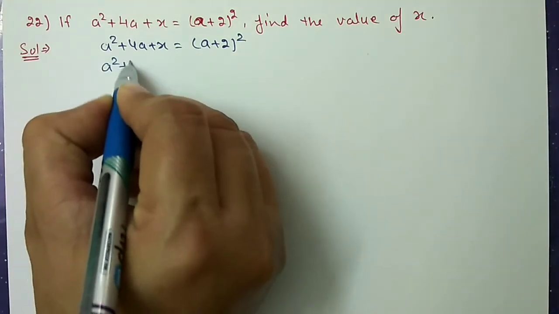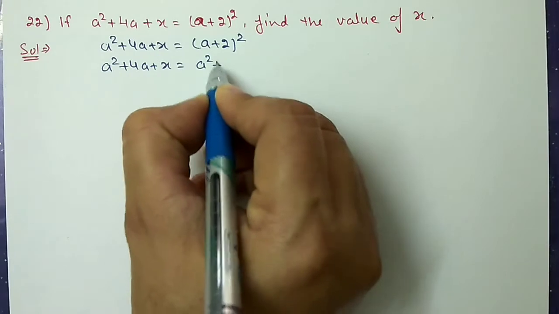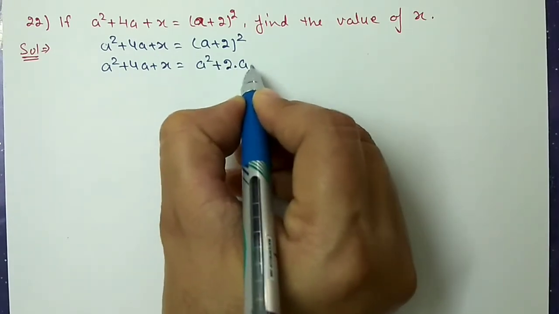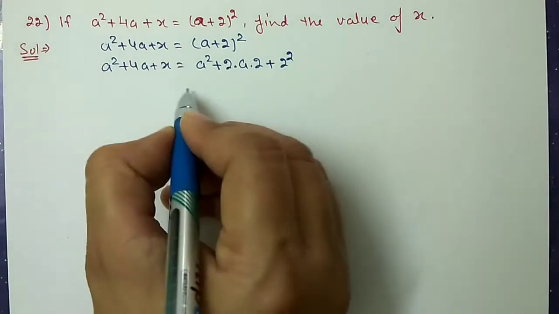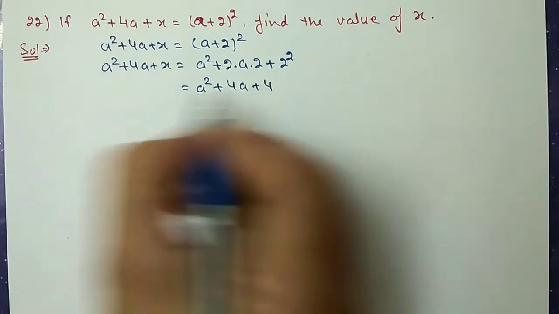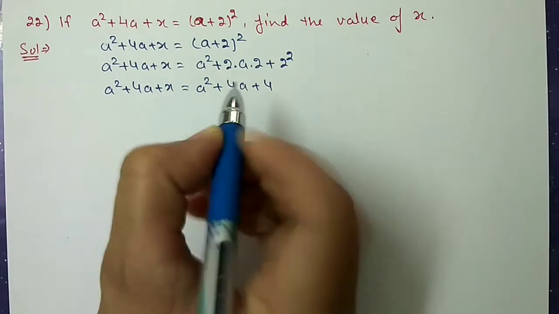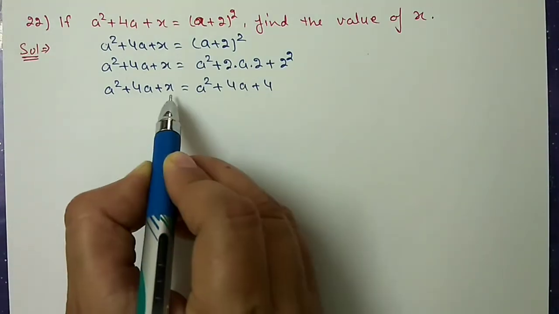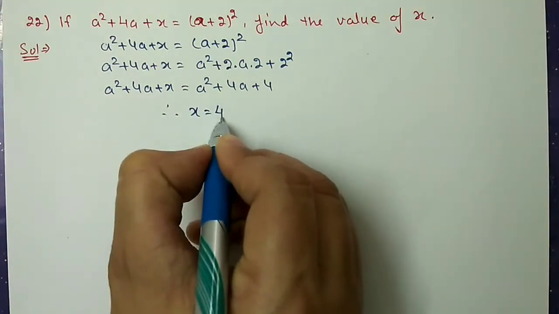So after expanding this we will get a square plus 2ab, means 2 into a into 2, plus 2 square. Then a square plus 4a plus 4, and now you can compare this with the left side. So if we compare a square, 4a and so x is equal to 4. Therefore the value of x is 4.